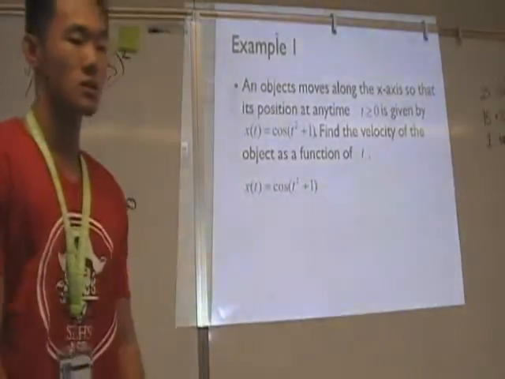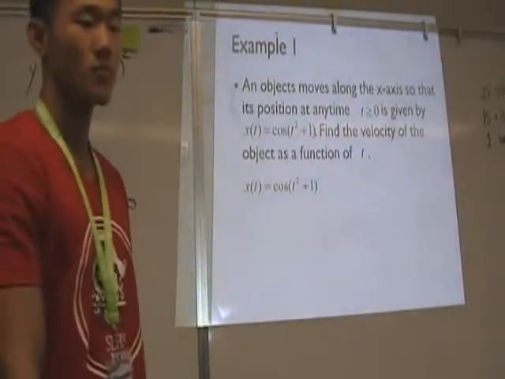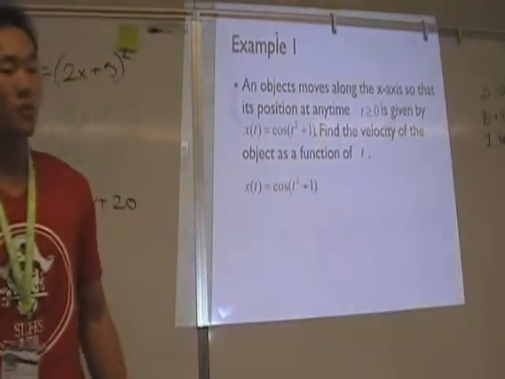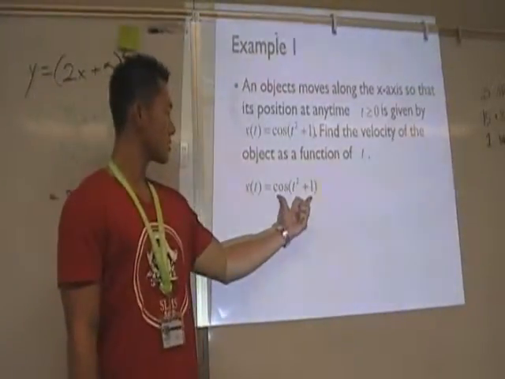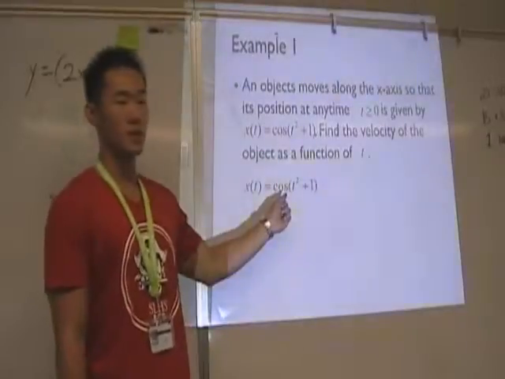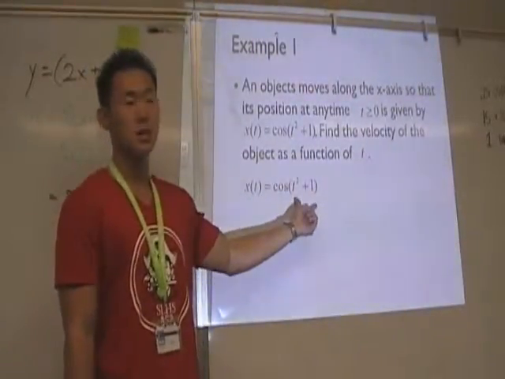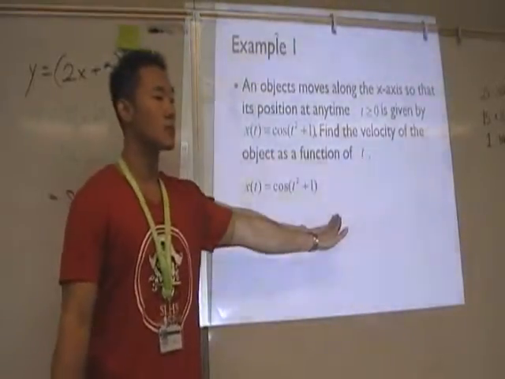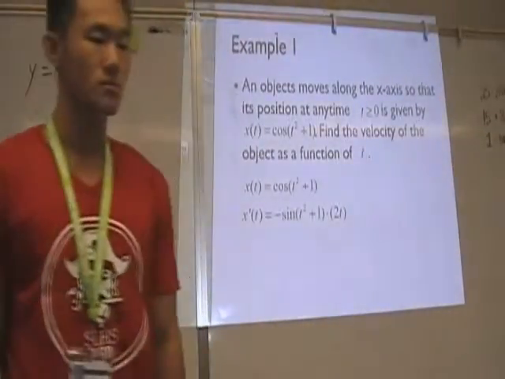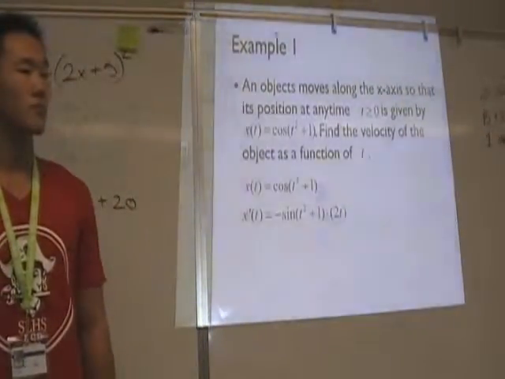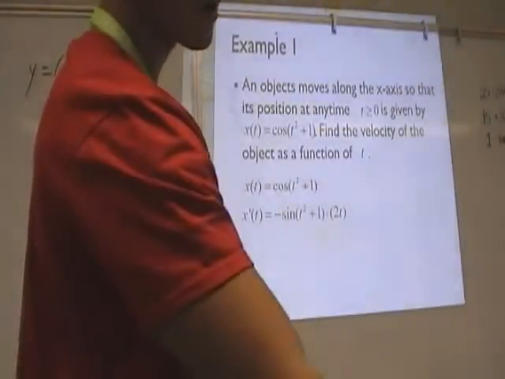Okay, so there's our equation. Now, to take the derivative of this, what's the derivative of cosine? Negative sine. Good. So it's negative sine of whatever's inside, and that stays the same, times the derivative of the inside. Then you simplify that, and you get that.